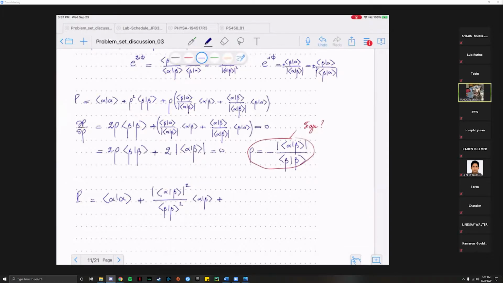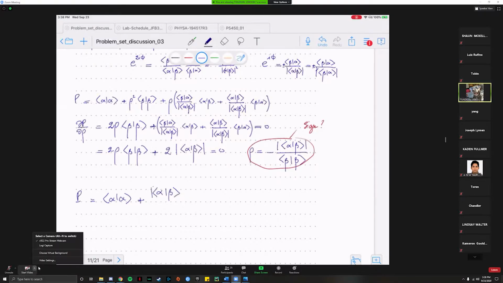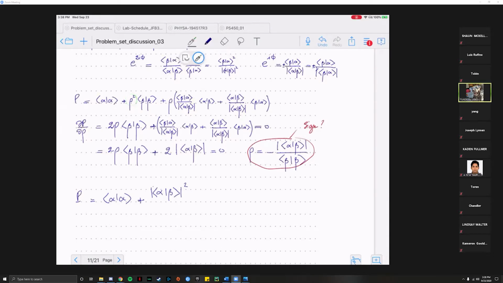No, what am I doing here? Sorry, let me erase that. I'm writing rho. No, I don't know. I keep confusing myself. Sorry. So I have alpha beta magnitude square, right, for this term here, divided by beta squared. But you see that it is also multiplied by beta. So I only have one beta square in the denominator. Then I have plus.